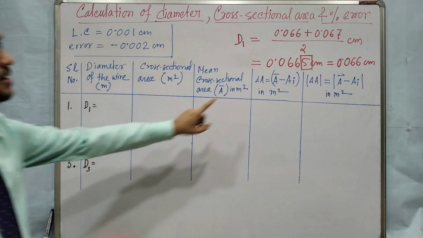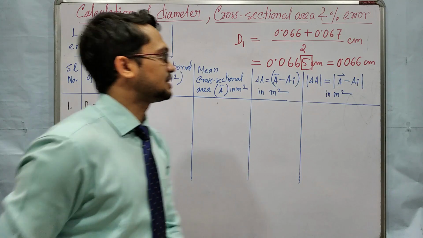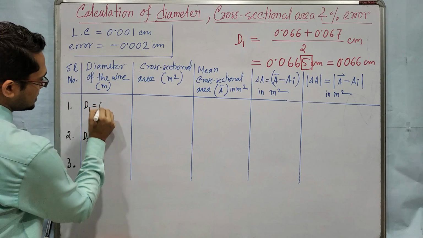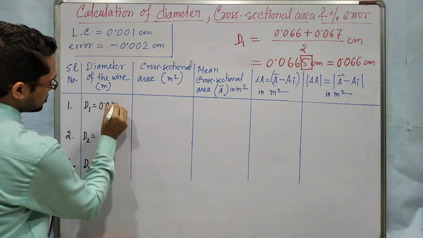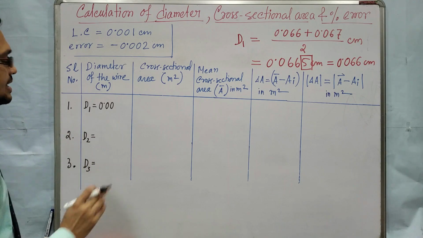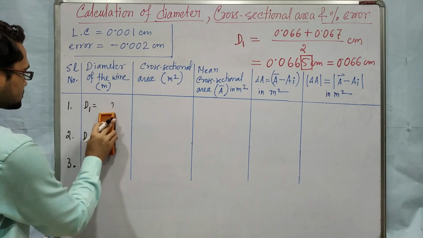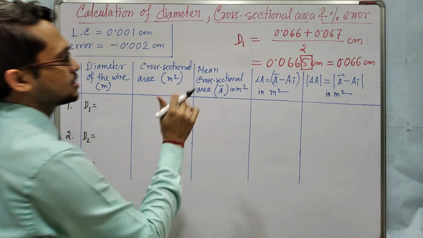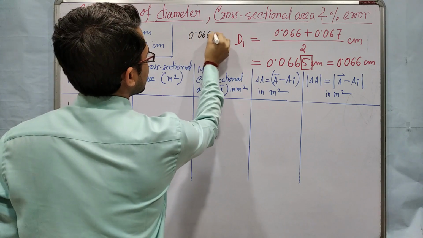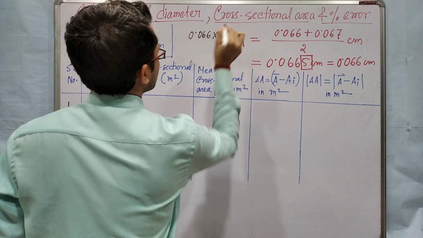So for D1 this is the value, 0.066 centimeter. Here we will write in meters. Centimeter to meter means 10 to the power minus 2. So I am writing it in the proper way: 0.066 into 10 to the power minus 2.